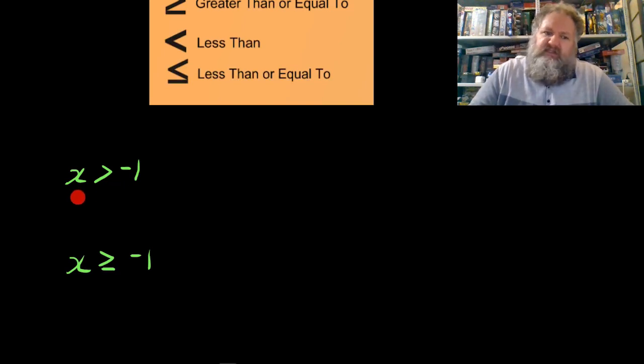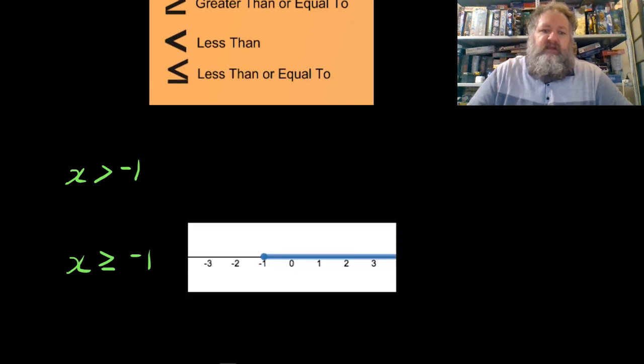So do we just draw a line representing above -1? Well, that seems a bit messy because where do you start that? So here's what we do. If we are looking at this second one, greater than or equal to -1, or if we're looking at less than or equal to, you represent the place where you start to show your answer, in this instance -1, as a closed circle.